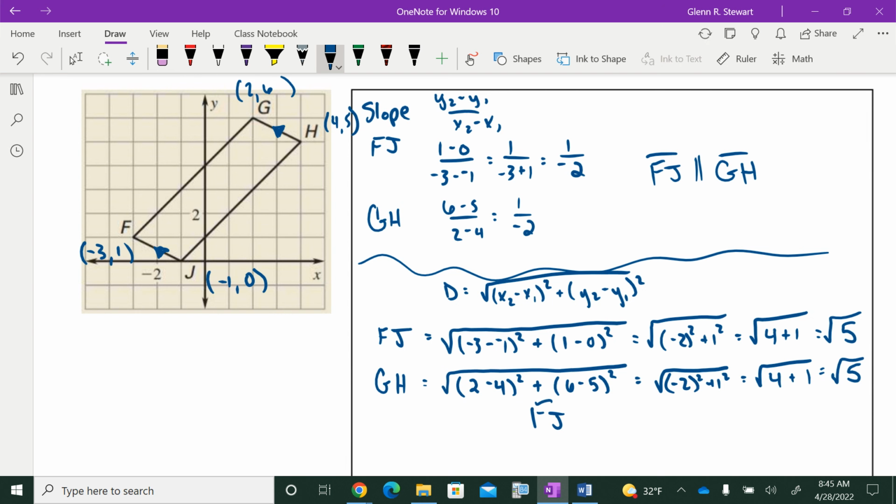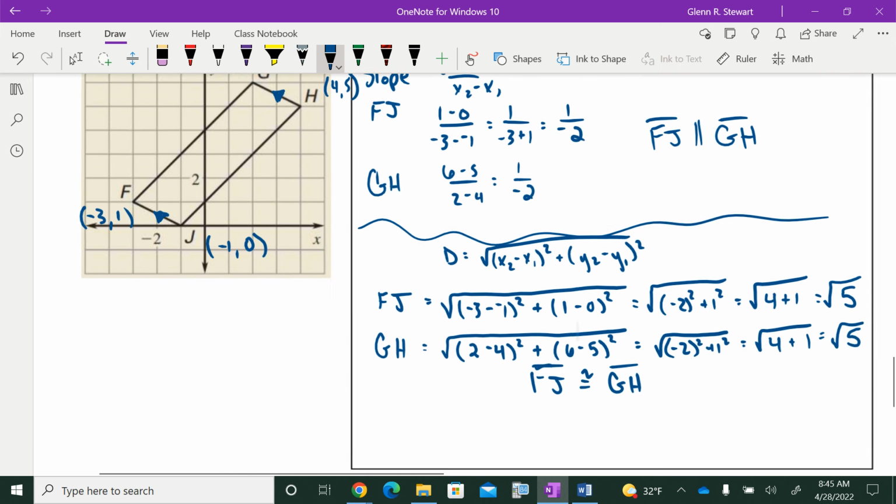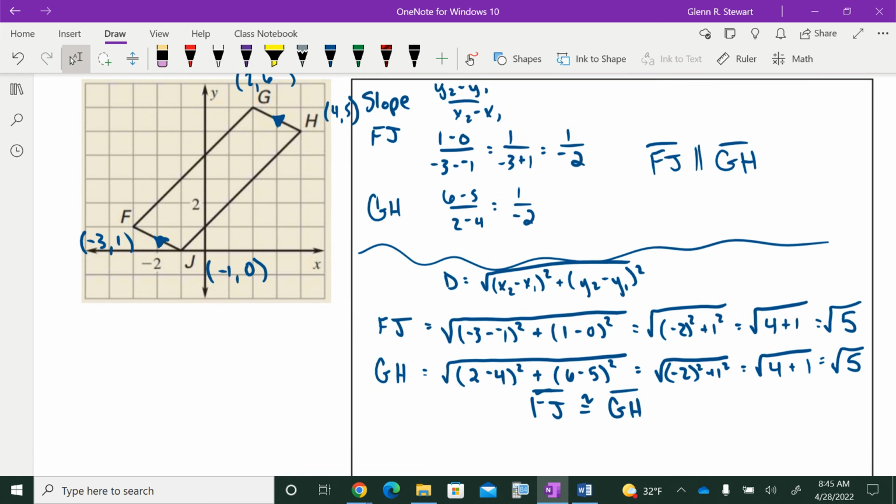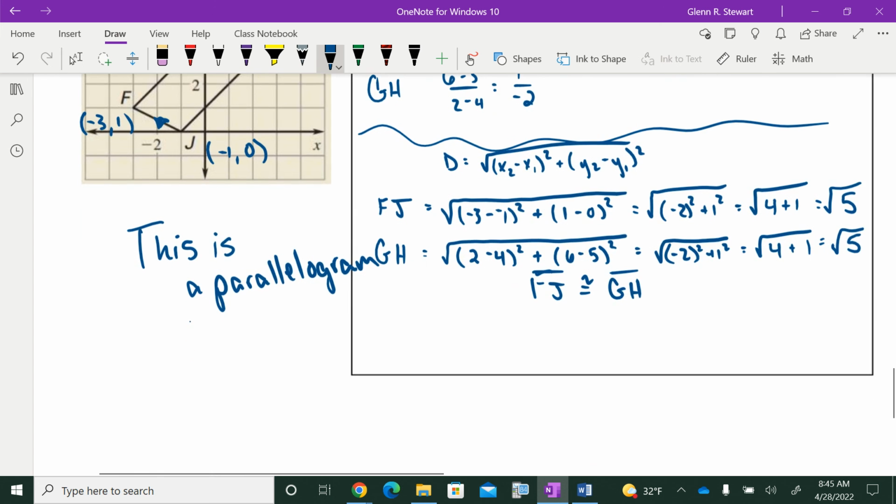So we can say that FJ is congruent to GH. Okay. So since one pair of opposite sides is congruent and parallel, this is a parallelogram. And if you wanted to get technical with it, that I believe is Theorem 8.9. And that should be all for our notes today.